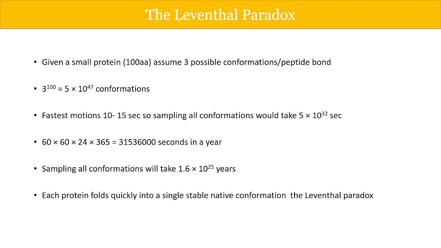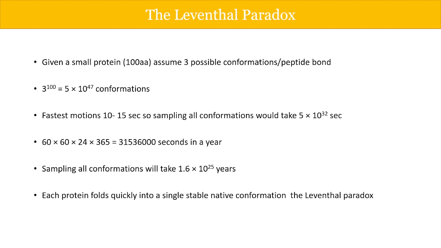As we also discussed in the Ramachandran plot, we talked about what angles of the different secondary structures the proteins can take up to have a particular conformation. So let us assume for the time being that there is a protein of 100 amino acids and it can take up 3 possible conformations.